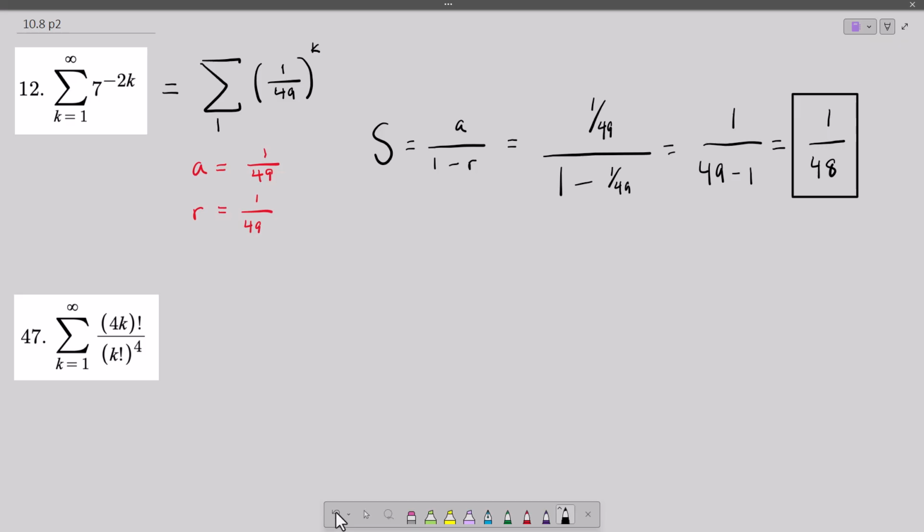So we prefer to use the geometric approach here because it tells us way more information. It tells us it converges, and it tells us what it converges to. So the sum of the series is 1 over 48. The series converges to 1 over 48. You can say it in lots of different ways. But we always want to go with the one that's most precise if possible.